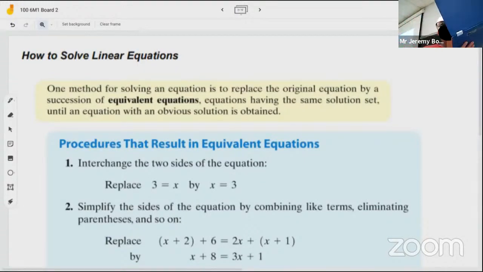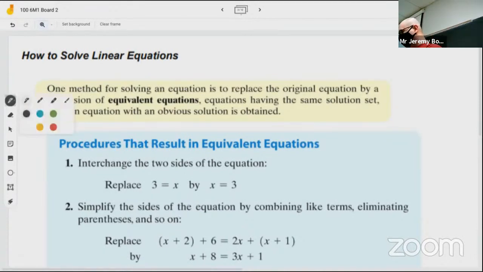One method, and the method that I'm going to talk about for solving an equation, is to replace the original equation by a succession of equivalent equations, equations having the same solution set, until an equation with an obvious solution is obtained.